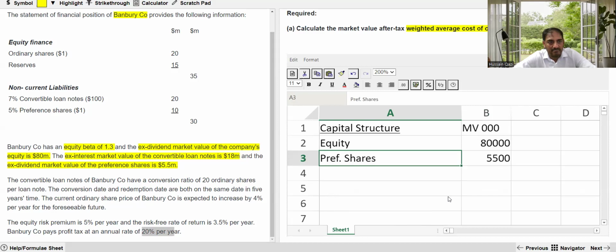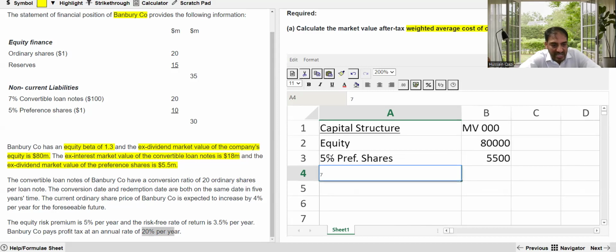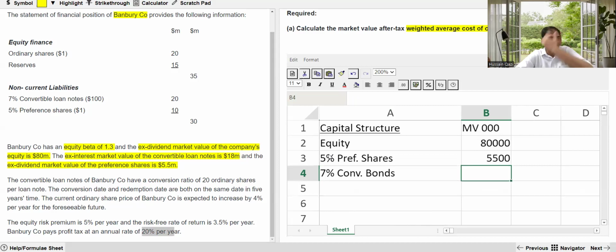Then next point is about 7% convertible bonds. Yes, the value of the convertible bonds, that's equals to 18,000. Very simple. That is the market value.